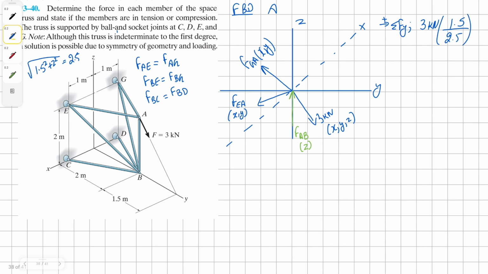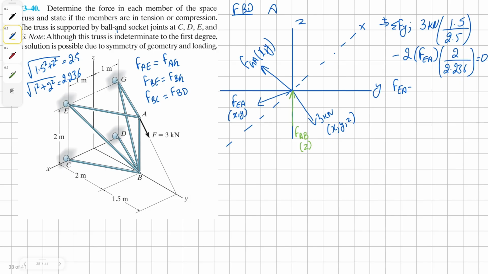And then we have our y component of EA and GA, which is simply going to be negative 2 times one of the forces, either GA or EA, times their y component, which is 2 over the square root of 1 squared plus 2 squared, which is equal to 2.236, all equals to 0.